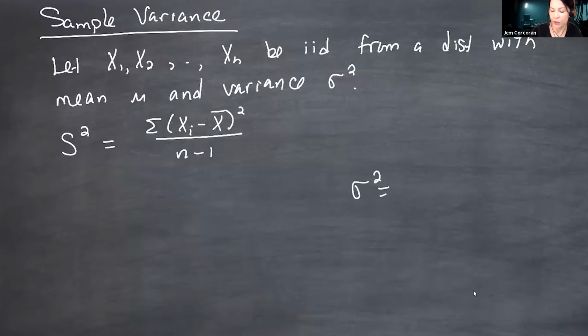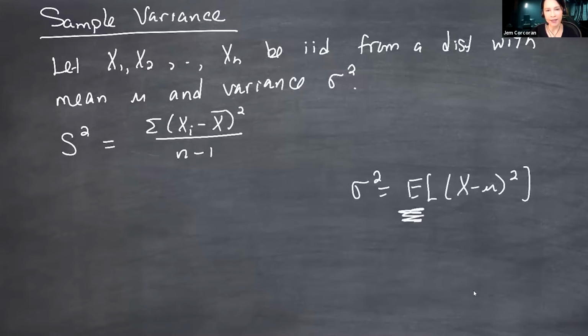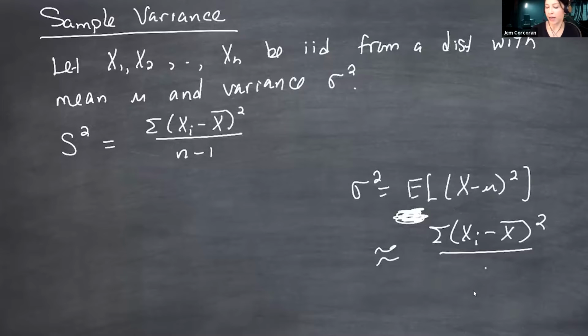estimate a true variance, which is an expected value of x minus mu squared. And so we're trying to estimate that by swapping out the mean of the distribution for a sample mean, and so approximate this by taking all of our x's and subtracting our estimate for the mean, squaring it, and dividing by n.